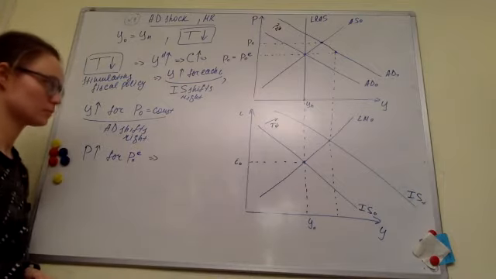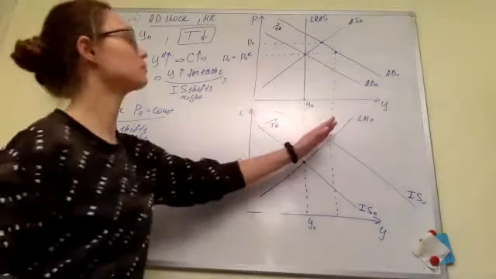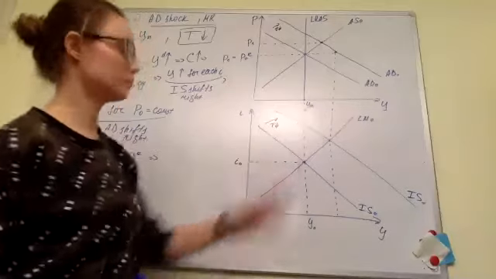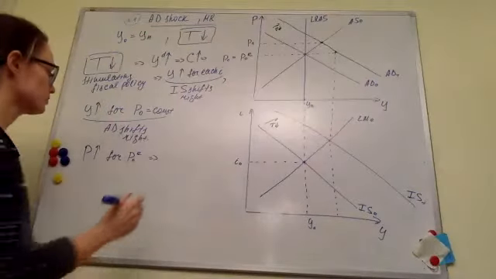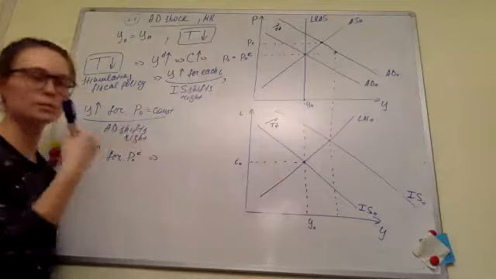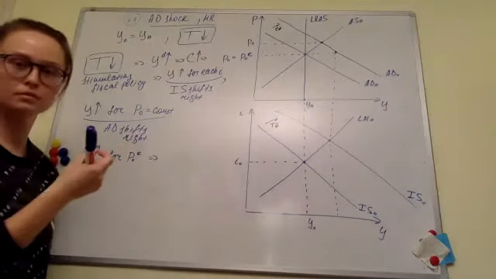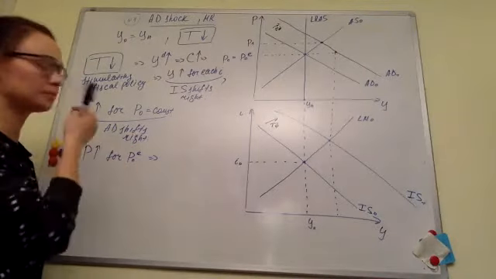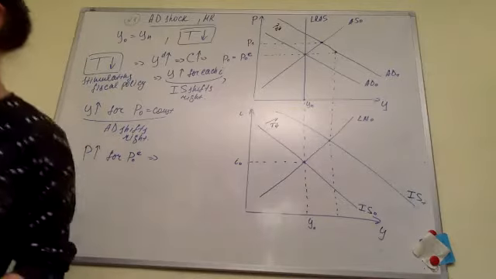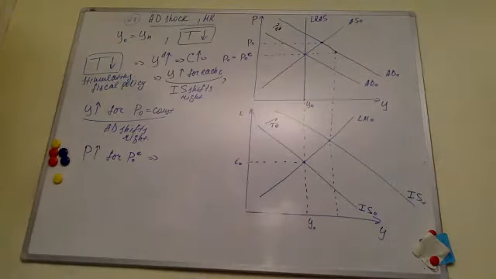LM will shift, I think, to the left. Because I don't know how to explain it. Let me think. I have the explanation, but I don't know how to express it in my words.